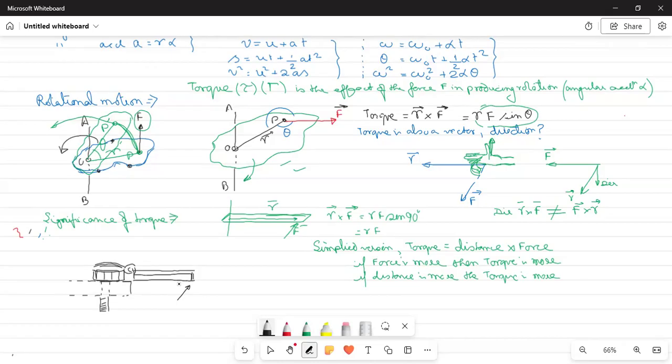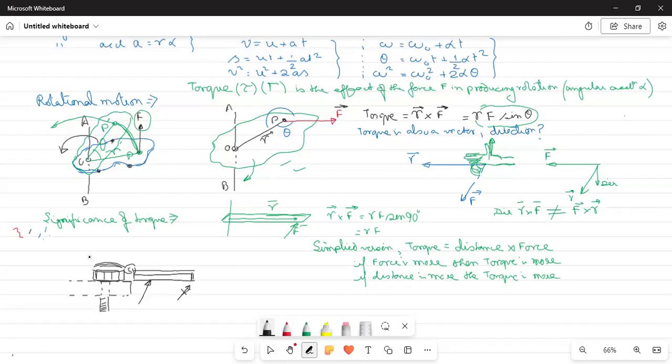From your real life experience, you can say the more force you apply, it is easier to loosen the bolt. Right? That means more rotational effort comes into effect. And instead of applying a force here, if you put your hand here and try to rotate, then you will see the rotational effect is less.